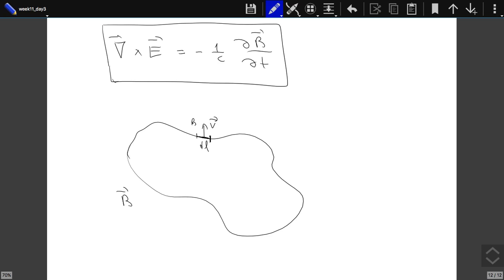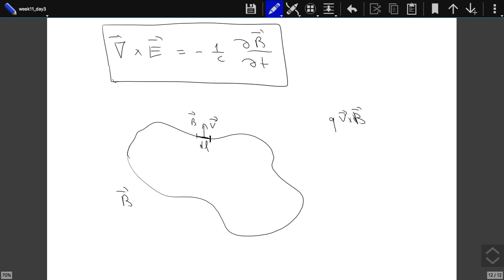At that point, there is an induction field B. So the force acting on our charges will be Q times V cross B, over c. And there will be work done on the charges as the charges cross this region dl.